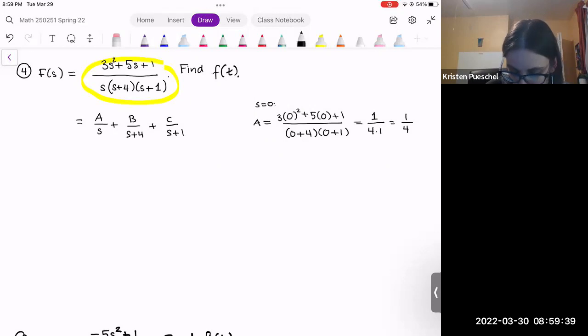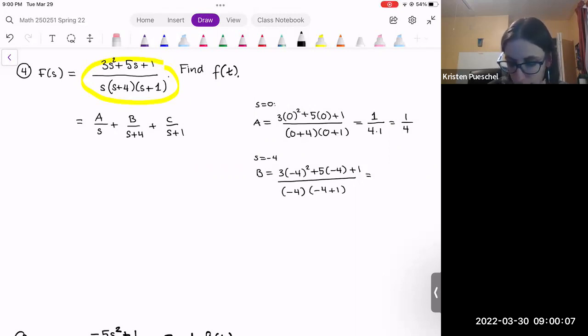Next, let's find b. That's where s is going to be equal to -4. Okay. So this is going to look like 3 times -4 squared plus 5 times -4 plus 1 divided through by -4. We leave out the middle term, and then we have -4 plus 1.